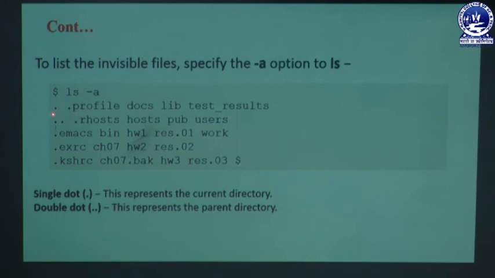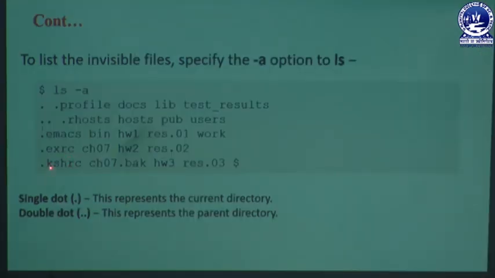Here we have . .profile docs liv text result, then .. .rhosts host pov user, then .emacs bin. As discussed in this slide, there is .kshrc, which is a configuration shell file, and there are files like ch07.bak. bak means a backup file present in our UNIX system.